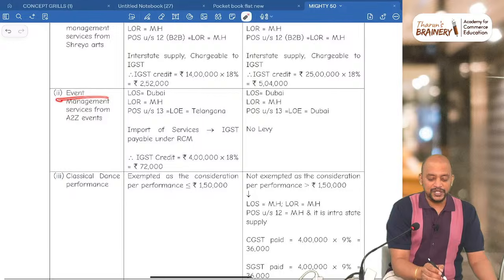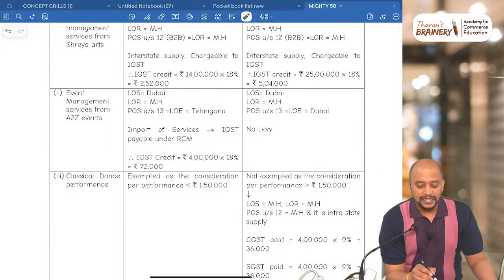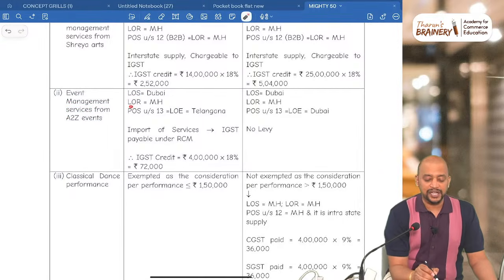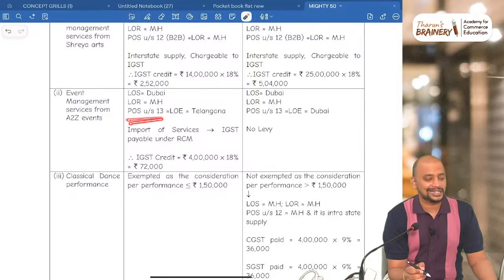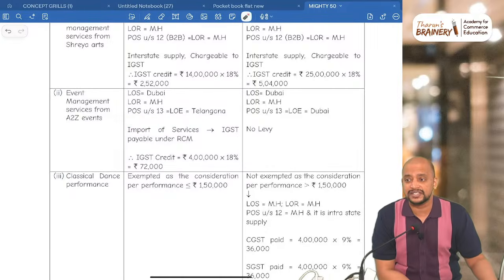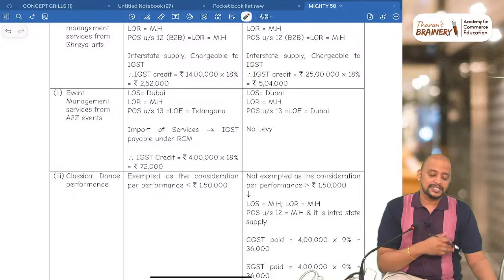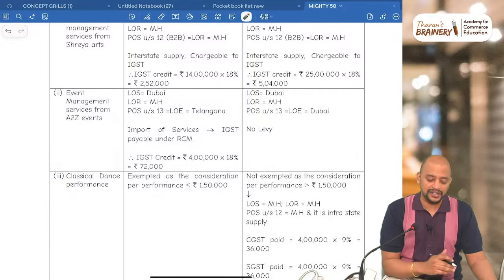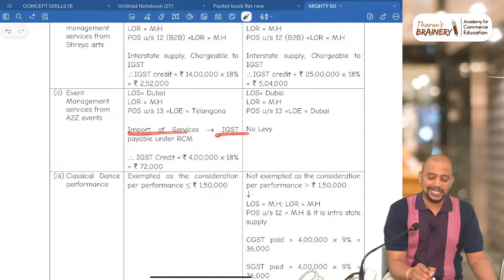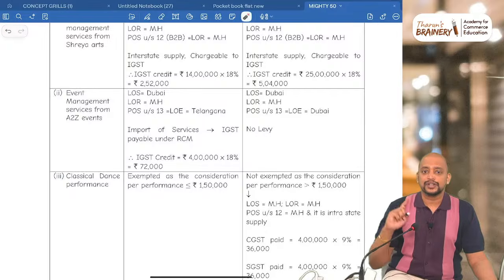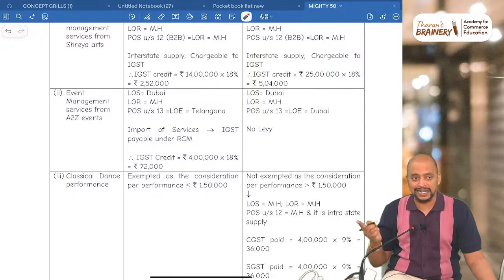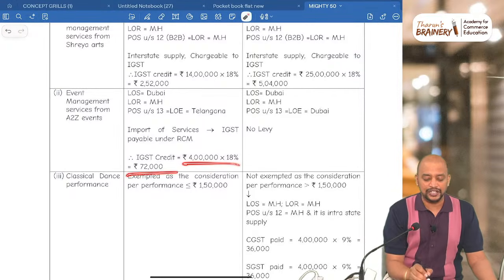So event management services, A to Z Events, supplier Dubai, recipient Maharashtra, place of supply, section 13, location of event Telangana. It will become import of services chargeable to GST under RCM. Supplier outside India, recipient in India, place of supply, import of service, IGST payable under RCM. So remember it will come under RCM liability. Also we can take ITC with respect to this.